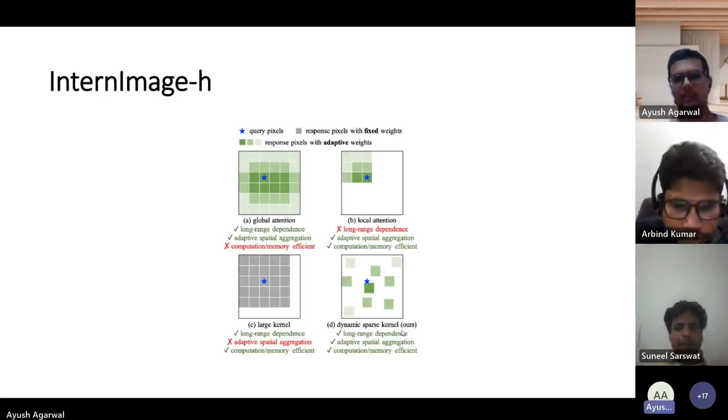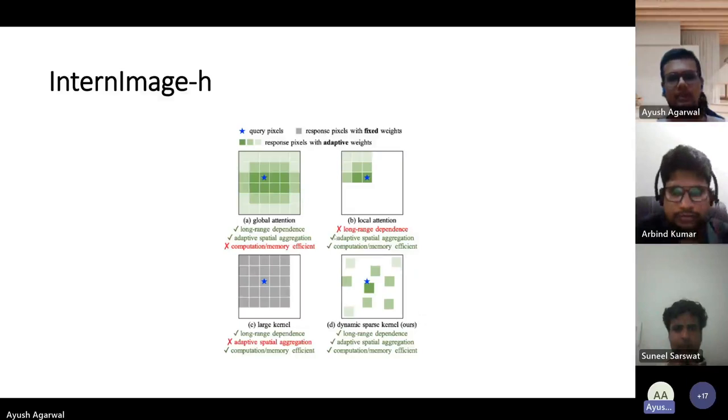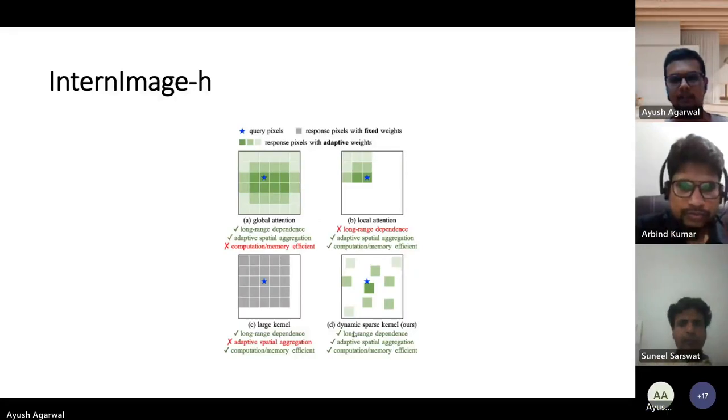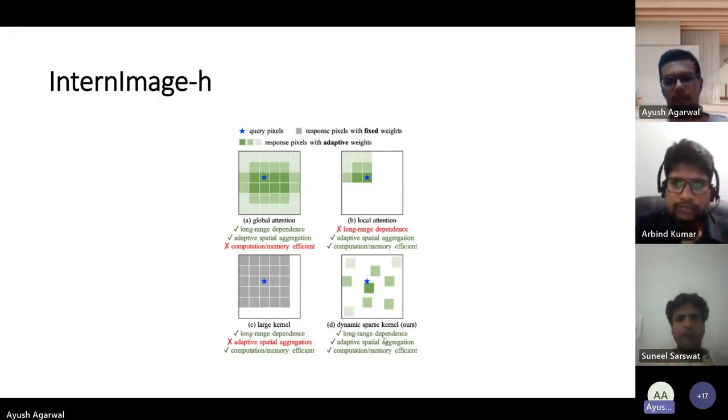So what InternImage does is that it essentially employs an attention kind of mechanism, but it chooses where to give the attention. This is learned as well in this type of backbone. So it has all of these three features.